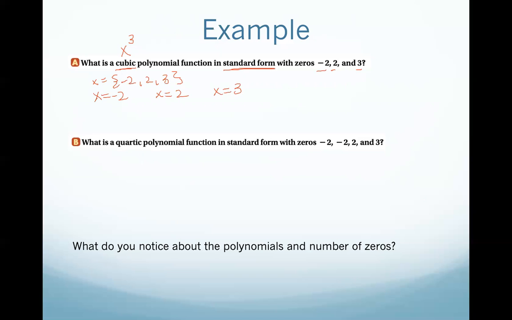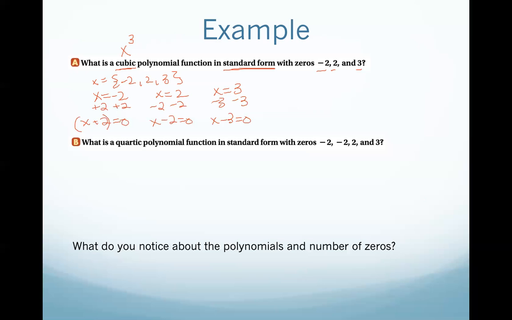I want to set each of these to 0, right? Before, we set the polynomial to 0 in order to find the x values. Now, I want to set all of these x values equal to 0 so that I can turn it into a polynomial. So I'm going to do +2 on both sides, x plus 2 equals 0. -2 on both sides, x minus 2 equals 0. -3 on both sides, x minus 3 equals 0.